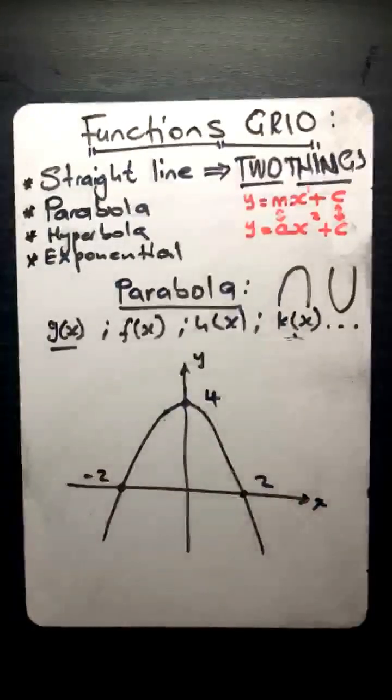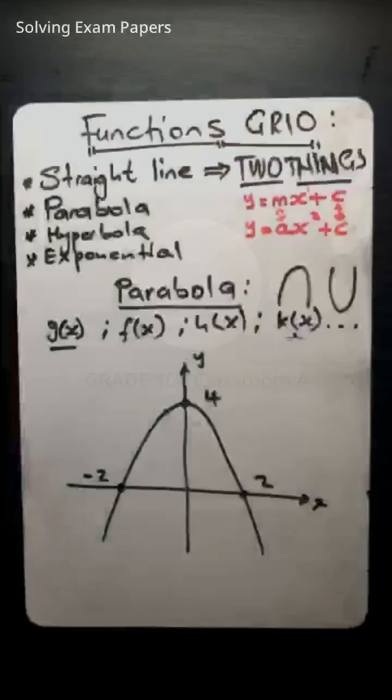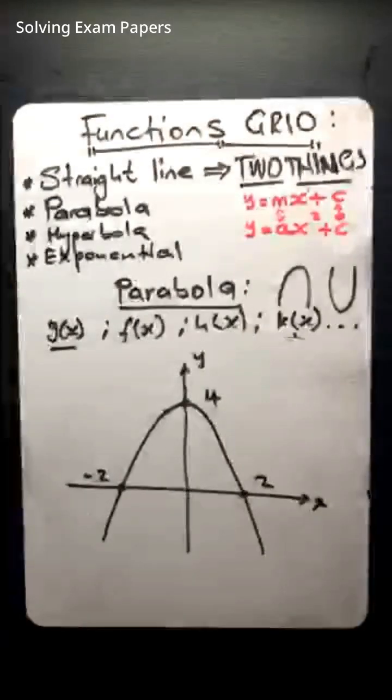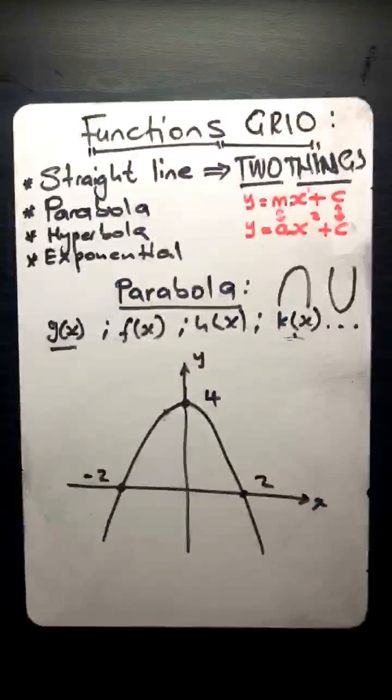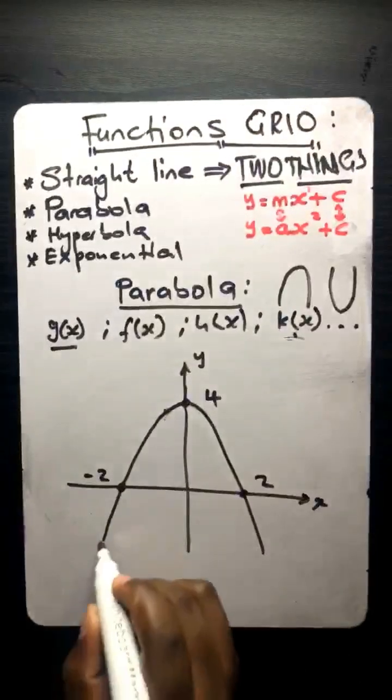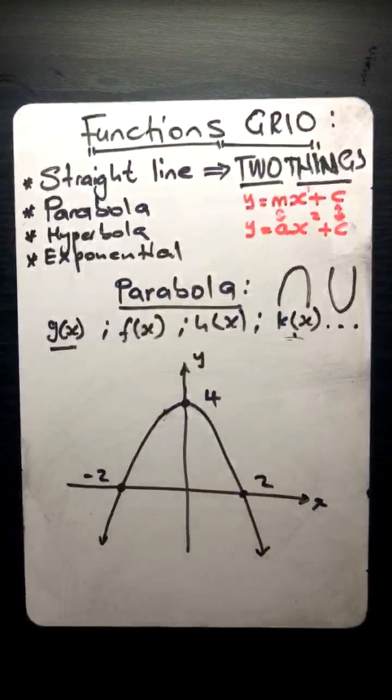This is what you are given, and they say determine an equation of that parabola. Obviously, it's a sad shape. How are we going to work out that one? Anyone who's got an idea of how we are going to work out that one?